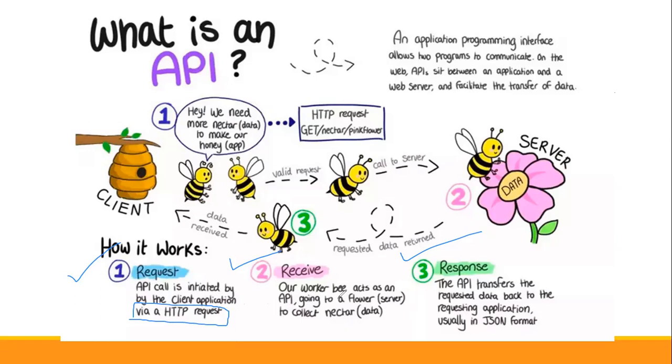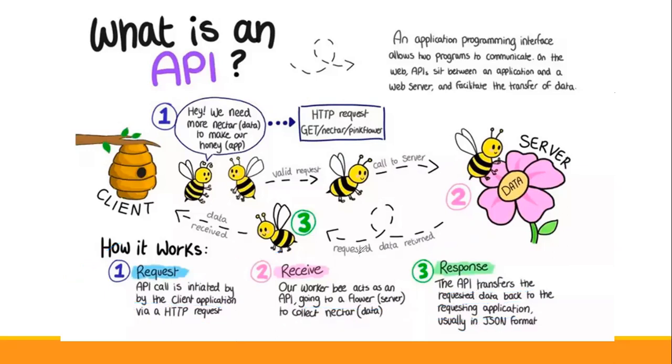Now, who is going to accept that? We are not only requesting, but who is going to accept that request? So our worker bee acts as an API, going to the flower and asking, okay, I want more nectar. And the API transfers the requested data back to the requesting application using JSON form.